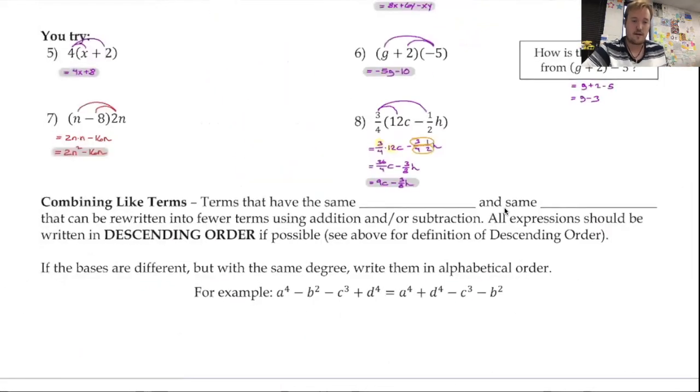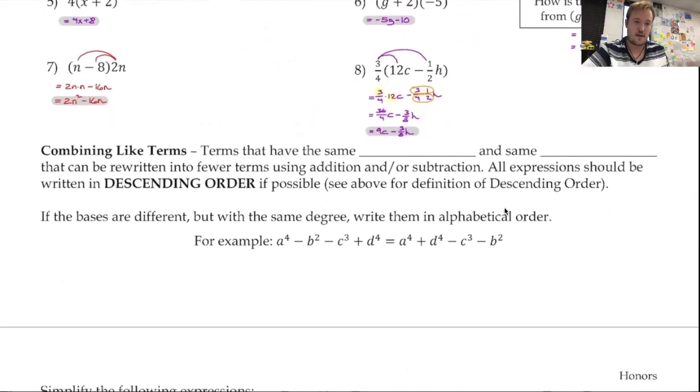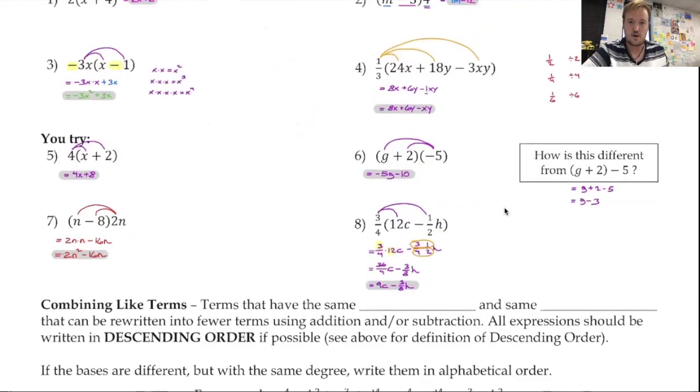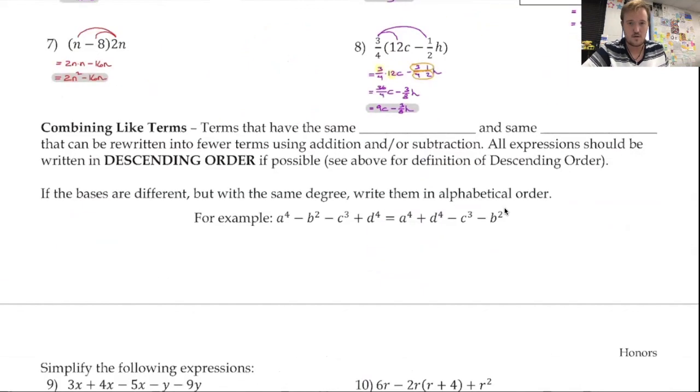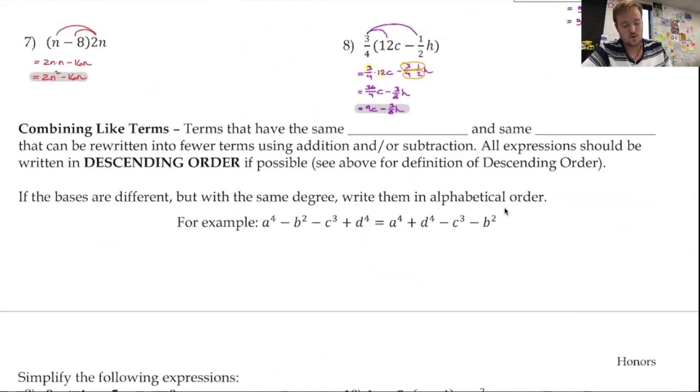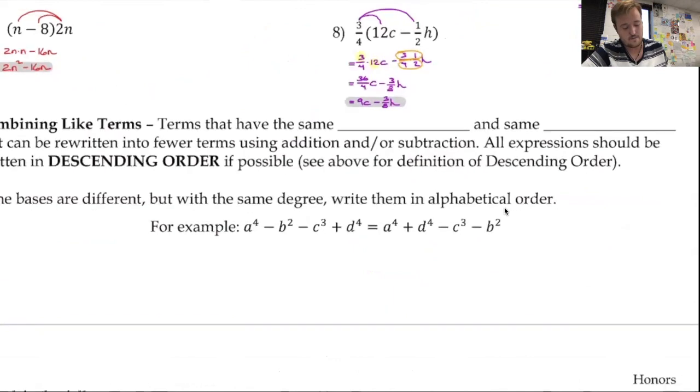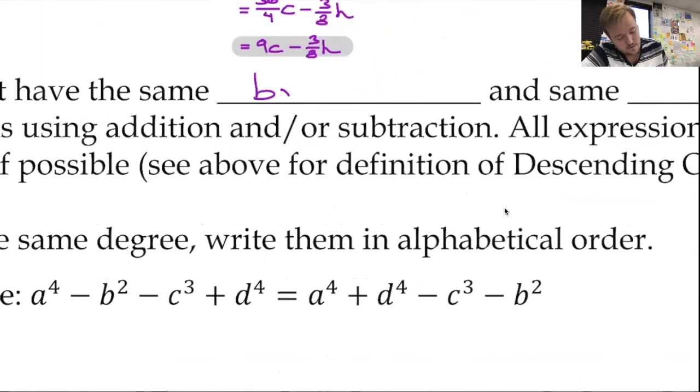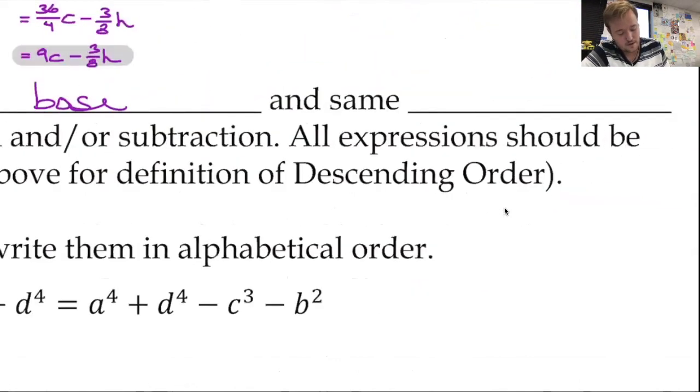All right, so now we're going to kind of introduce combining like terms and descending order. So this is really focusing on just the distributive property. So when I say combining like terms, we're looking at values that have the same base and the same exponent.